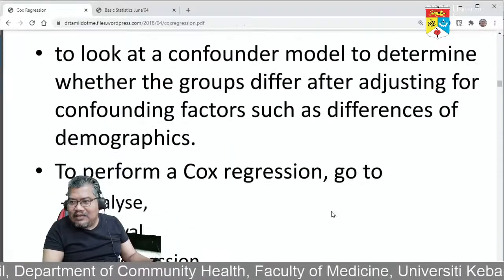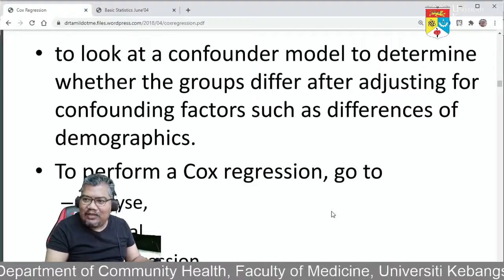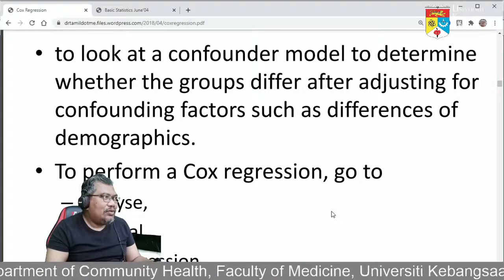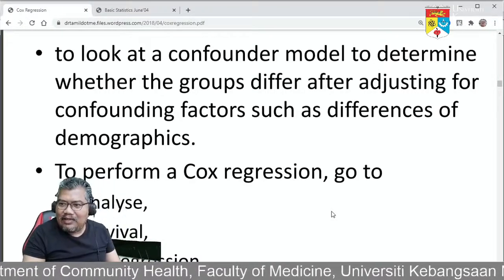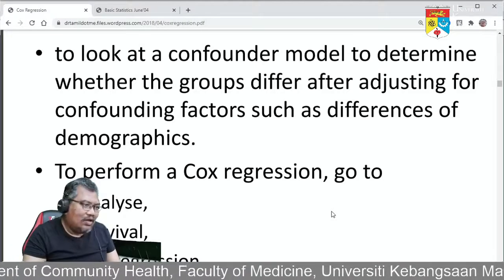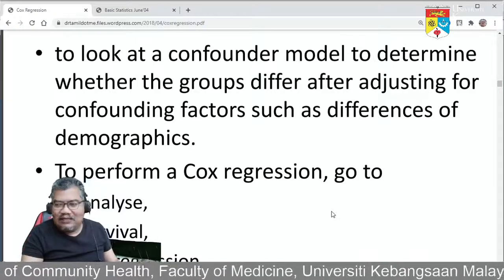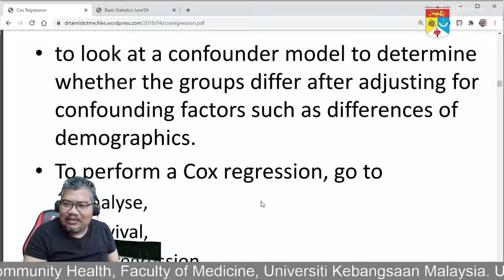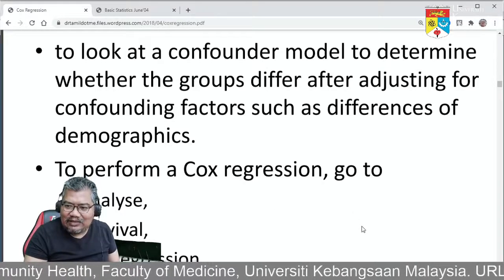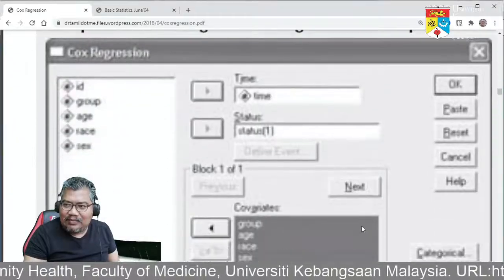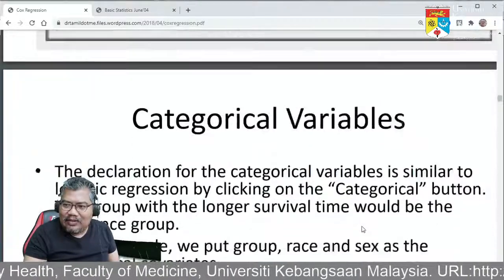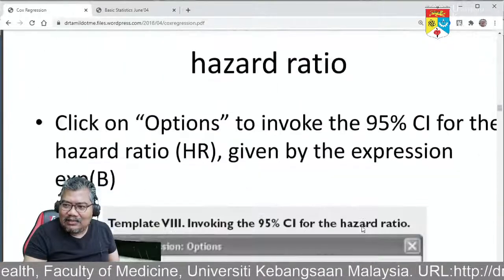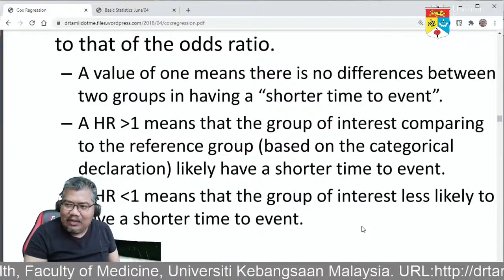Cox regression is to look at a compounder model to determine whether the groups differ after adjusting for confounding factors such as differences of demographics. To do Cox regression, you just click Analyze, Survival, and select Cox regression. There's nothing much about that. This is the discussion about all the different types.